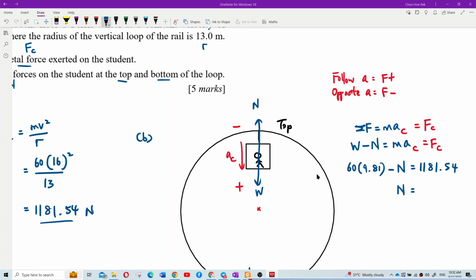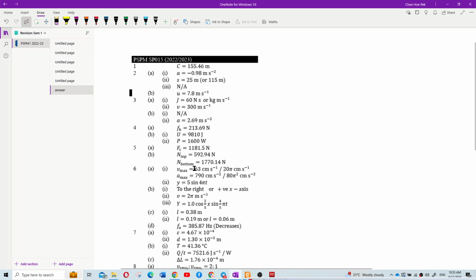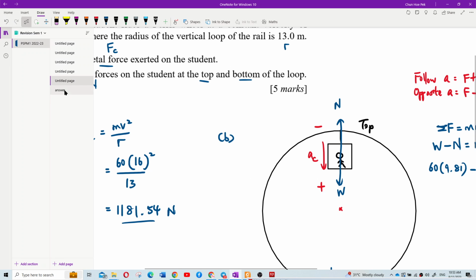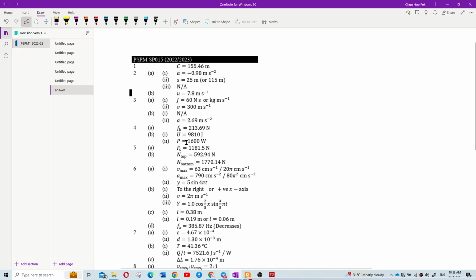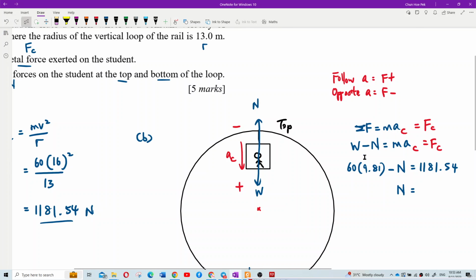Something is wrong. Let me check the answer. The answer for 1181 is correct. But for this one, the normal force is given as 592, but why do I get a negative value? This one goes to the other side.